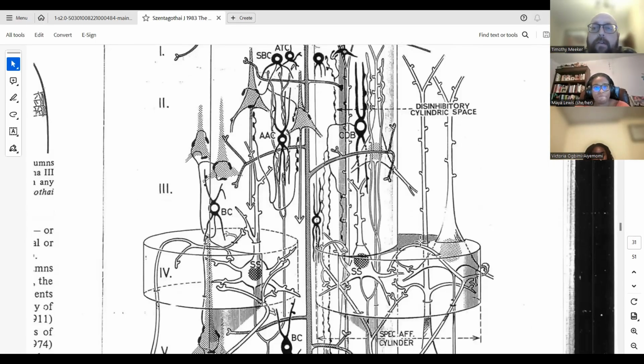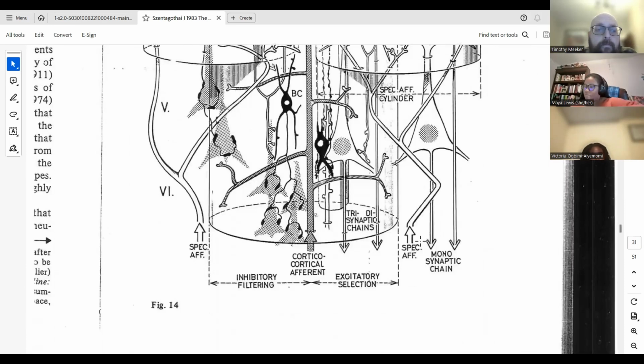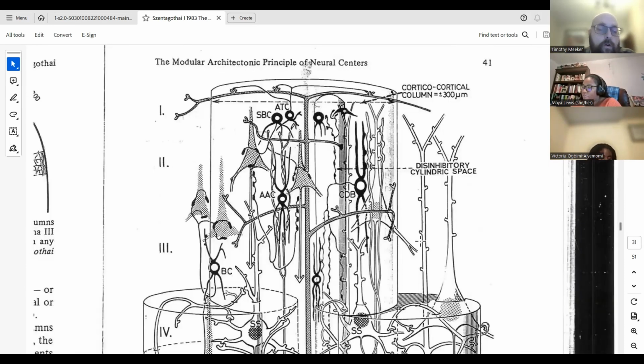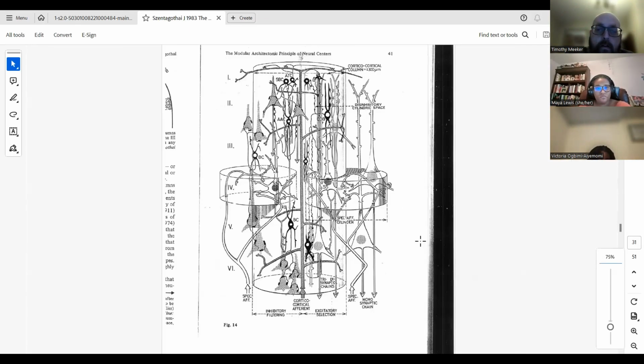So this is basically, I think that's, yeah, this is a cortical column. And basically you can see that you have layer 1, layer 2, layer 3, layer 4, layer 5, layer 6 of the cortex.